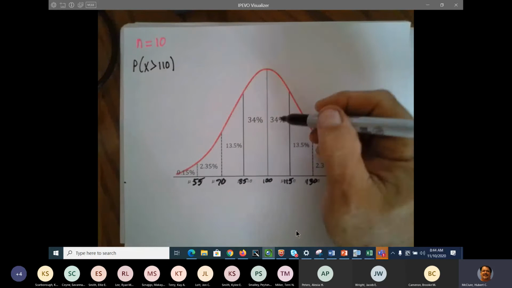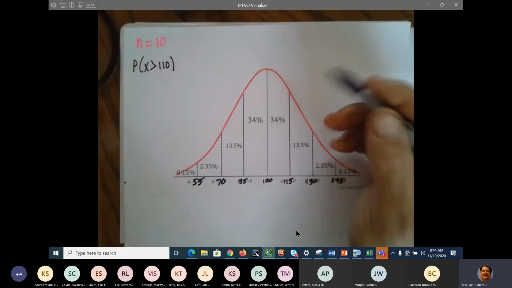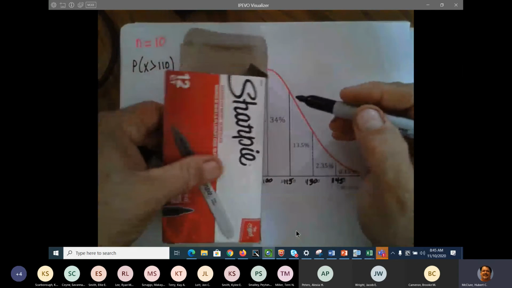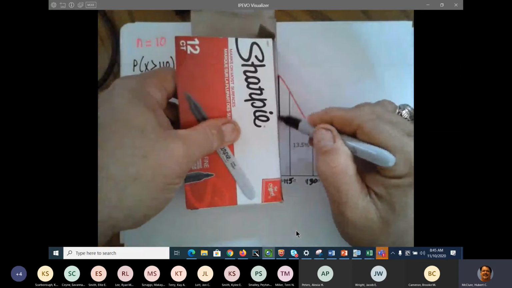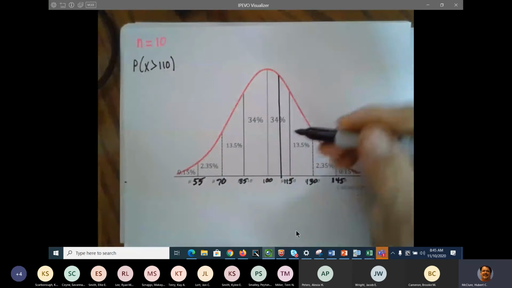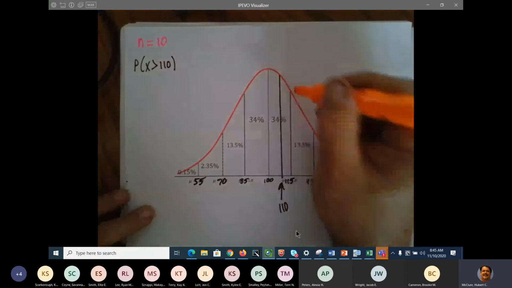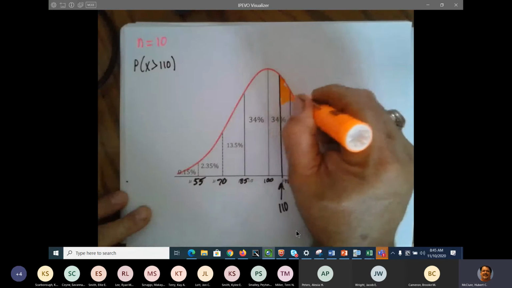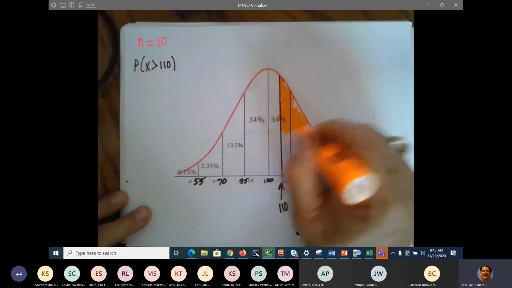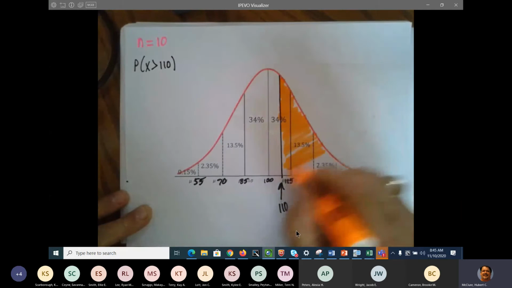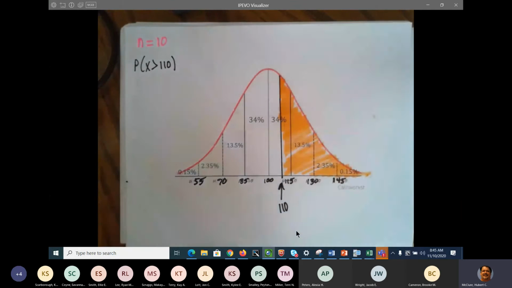I don't have my ruler. My son borrowed my ruler, and of course, he didn't bring it back. And that right there is 110. I'm going to shade that with an orange marker. I color outside the lines.